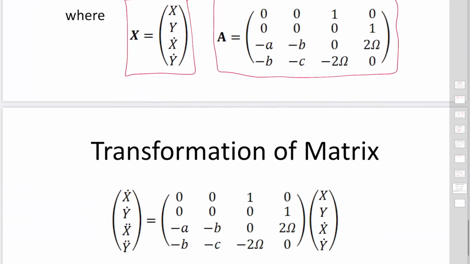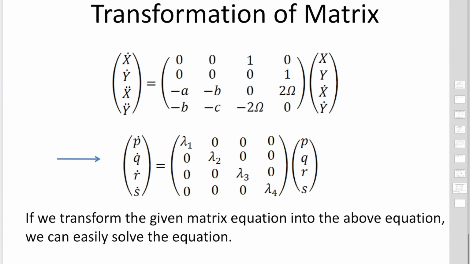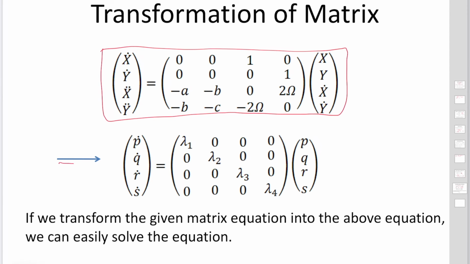Then how to solve this equation? This first equation is really complicated, so we'd like to transform the matrix. If we transform the equation into the next lines, P dot, Q dot, R dot, S dot equal a matrix times P, Q, R, S.